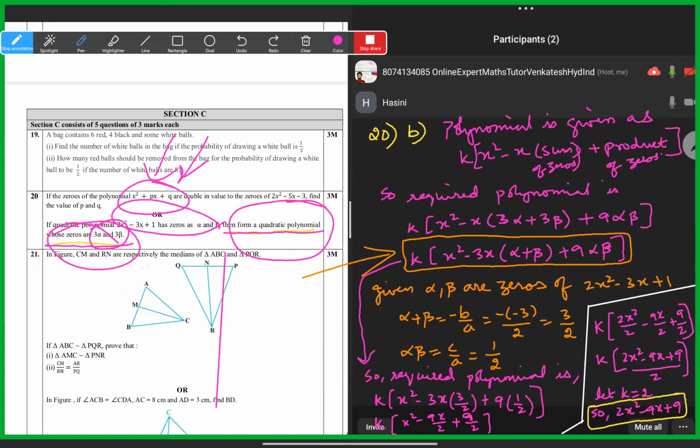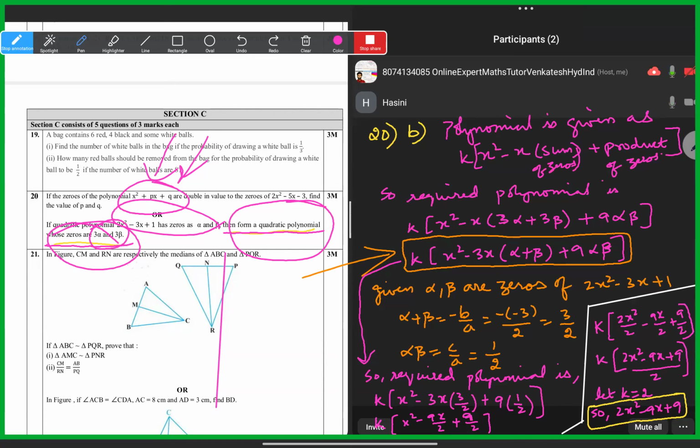Sum of zeros, minus 9 by 2, which is 3 times... The product, alpha beta, is 1 by 2, so 9 into 1 by 2, correct or not?